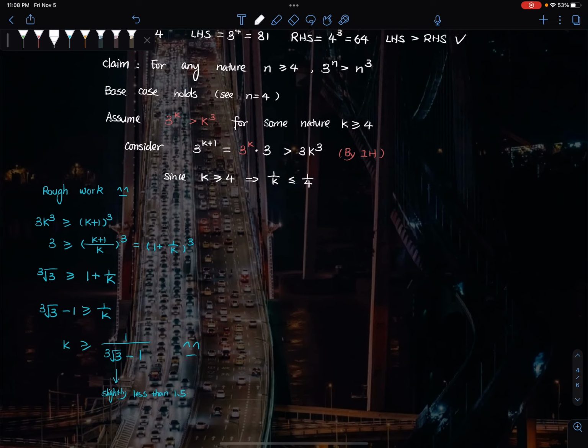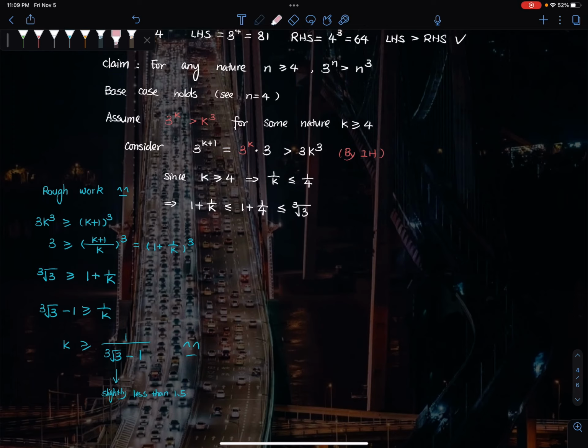Right? And plus 1 on both sides is going to be less than or equal to 1 plus 1 over 4. So that's 1.25. That's going to be less than or equal to this. Why? Because this is slightly less than 1.5, and this is 1.25, so that's good.